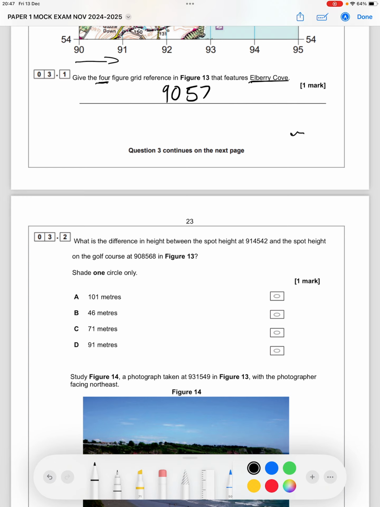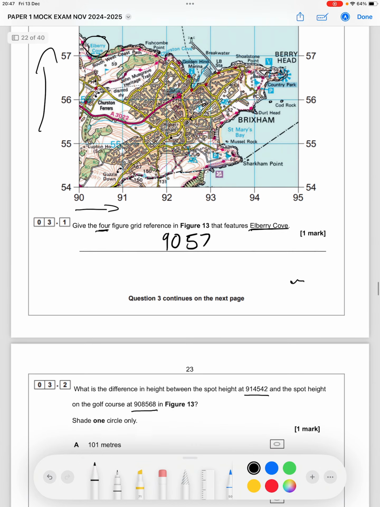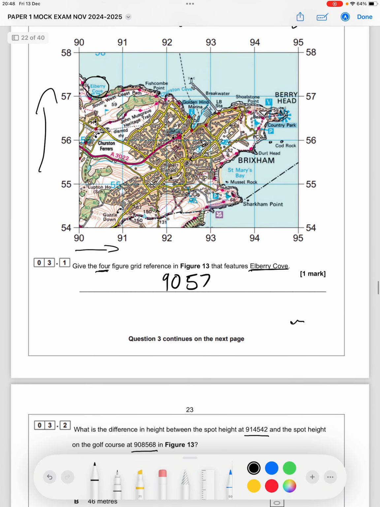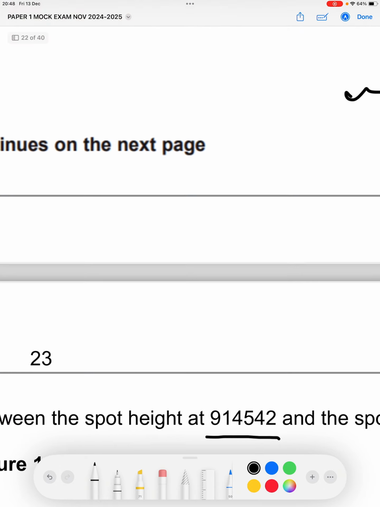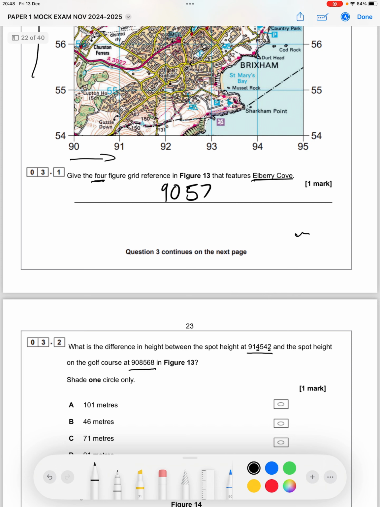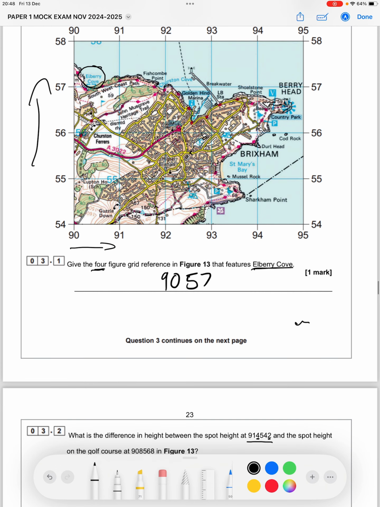Okay, next it's asking us, what is the difference between the spot height at 91.454.2 and the spot height on the golf course at 98.56.8? So, first thing we have to do is find those two areas. So, as ever with this referencing, it is the 4th and the 6th number that tells us how many little boxes we have to count across.